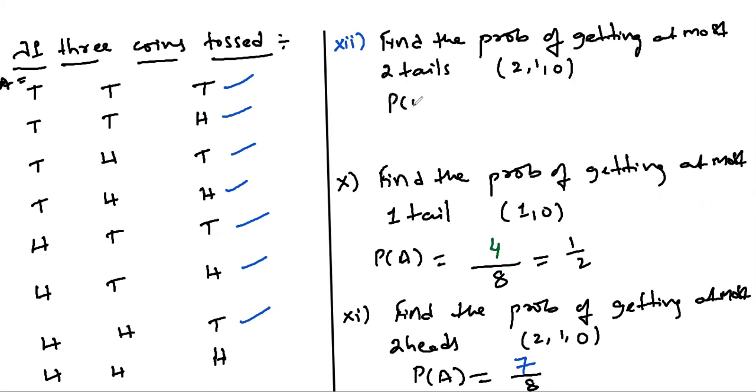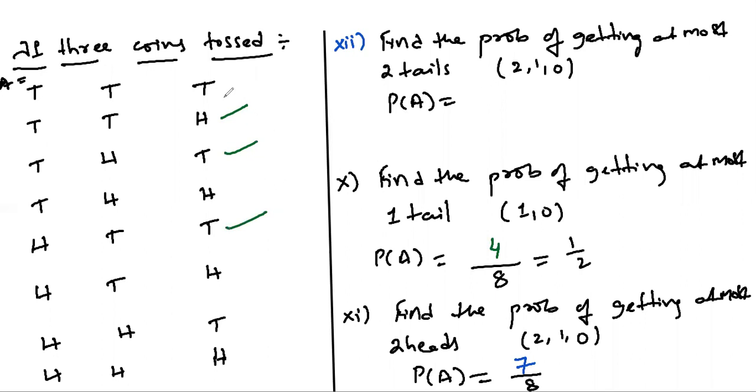Now P of A is equal to, the condition is at most 2 tails. 2 tails we will check: 1, 2, 3, 2 tails is done.